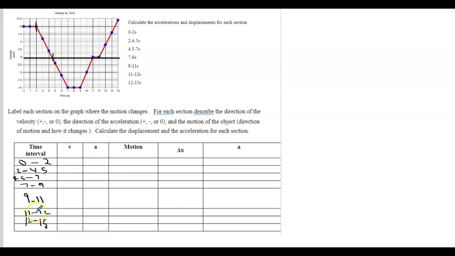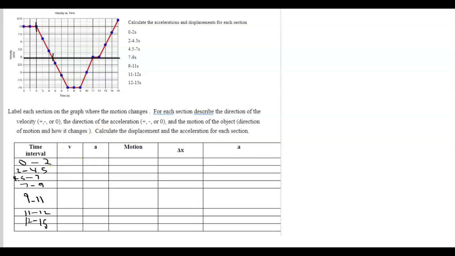So hopefully you can see that. For each of these sections, we're supposed to describe the velocity value, whether it's positive or negative or 0, the acceleration value, which is basically the slope of the line we're looking at, and then describe the motion of the object, the direction of motion, and how it changes based on the values. So let's just go through the velocities, and that's simply reading off the graph.